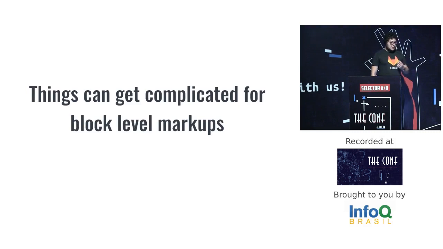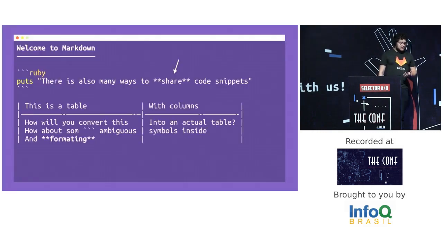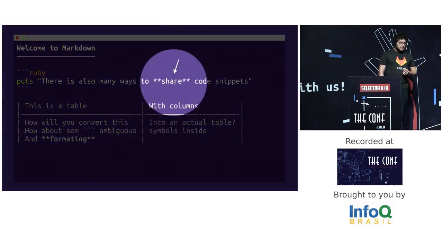But as you can imagine, things can get a little bit complicated if we consider block level markups. So we're just formatting a few words in the text. But if you take, for example, this Markdown, what should we do here? If we just reuse that previous replace rule, the output will be incorrect.